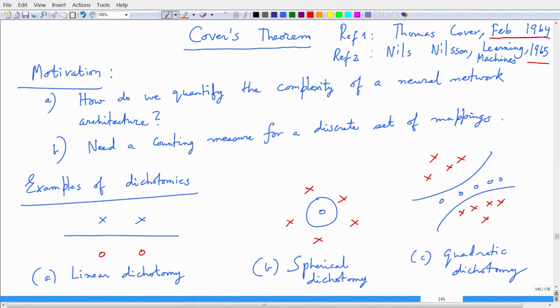To understand this, let us start with a few examples on dichotomies. Figure A here describes linear dichotomy because we have a hyperplane here that separates the crosses from the circles, because the discriminant boundary is a plane.